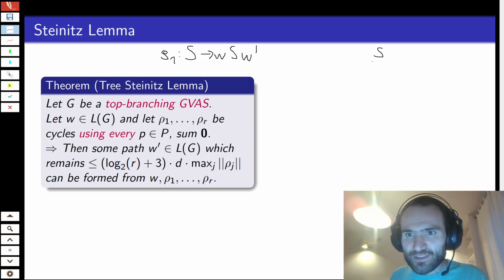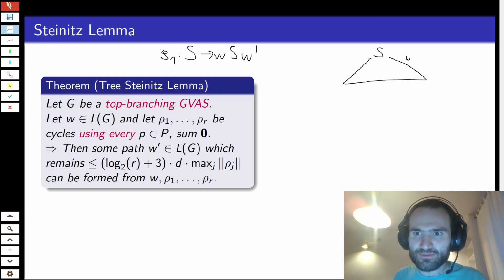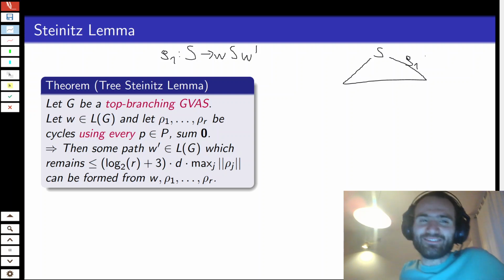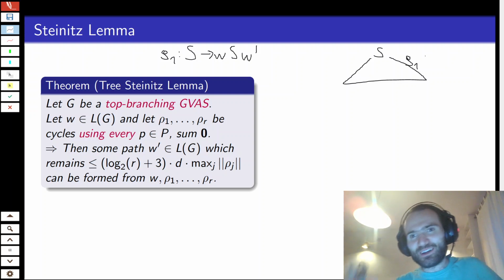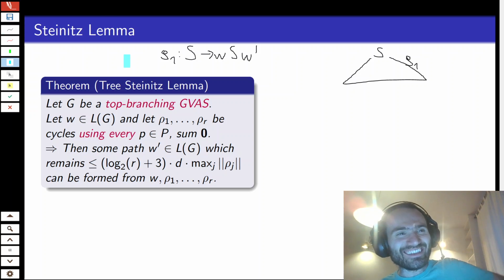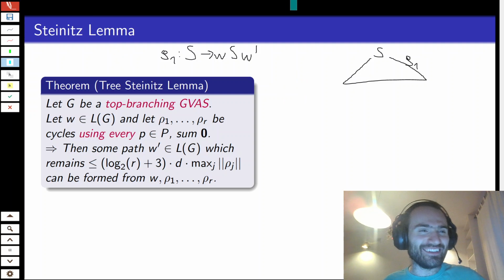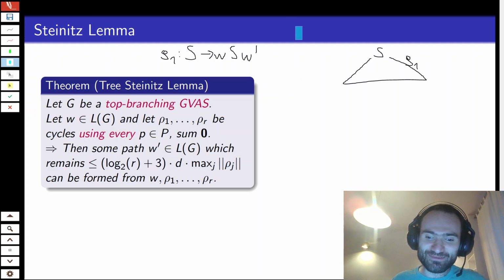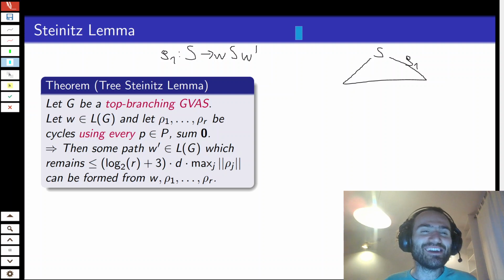And so now that we have a cycle on the starting non-terminal, we apply this cycle. So we start by applying rho 1 here. Yeah, this was actually why we don't need it. We don't start with W, of course. We start with rho 1. I should really edit this out, but I think it's way nicer to have a live presentation. So errors are just included in such a thing.